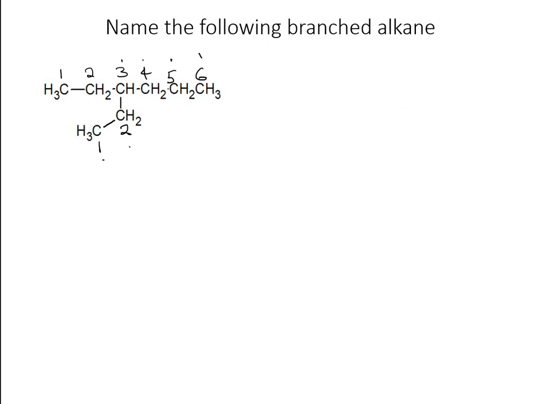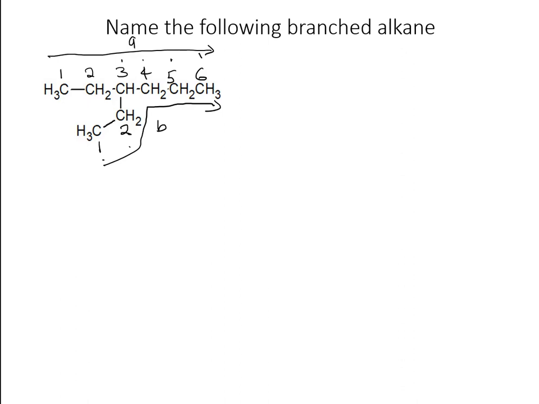So both chains have 6 carbon atoms. This is chain number 1, or chain A, and this is chain number 2, chain B. In this case, because the straight chain without bends is chain A, that's the chain we are going to use.